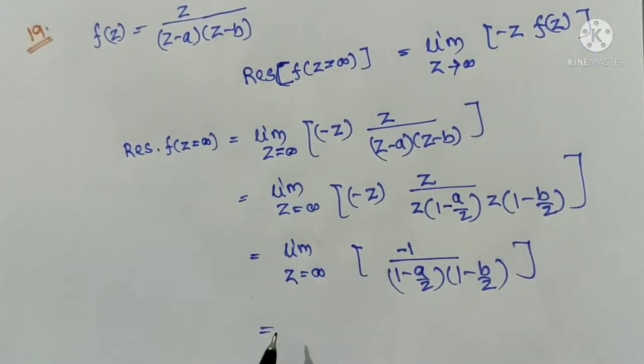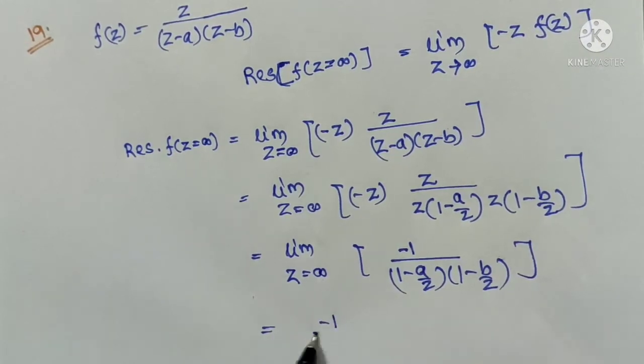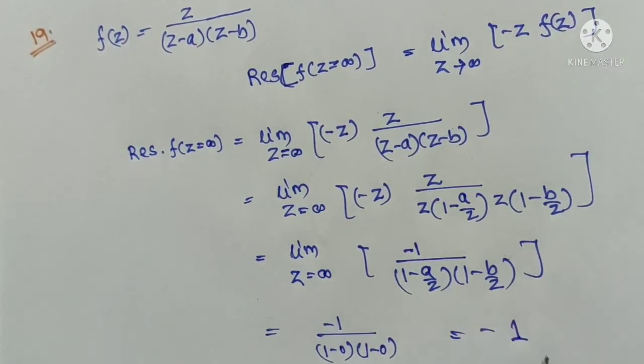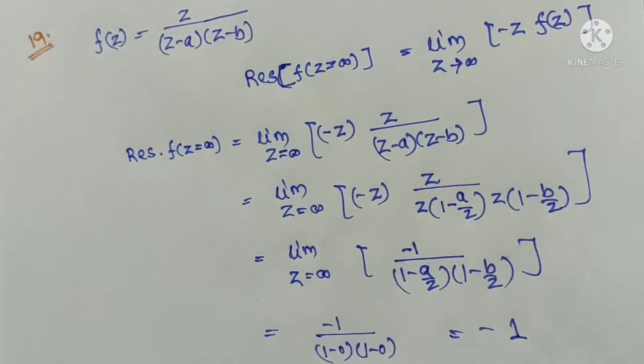So this is equals to minus 1 by (1 minus 0) times (1 minus 0), which is equal to minus 1. So your correct option is option B.